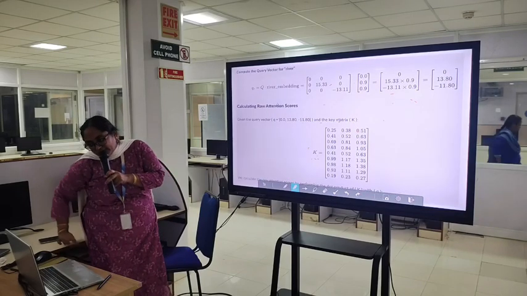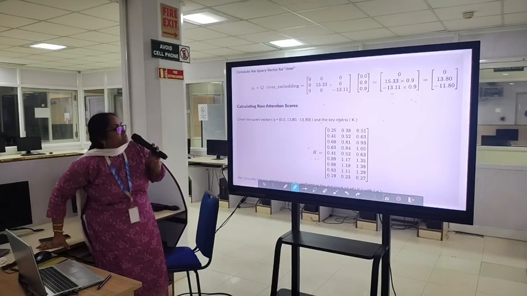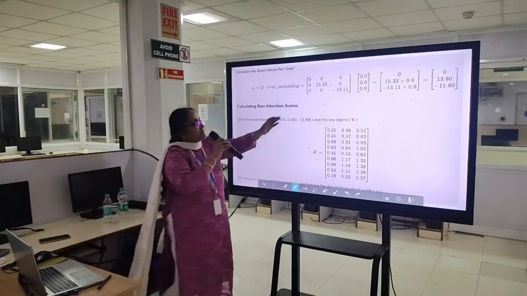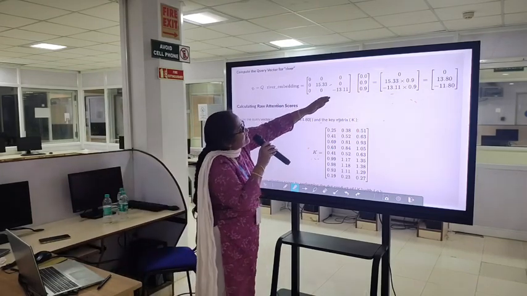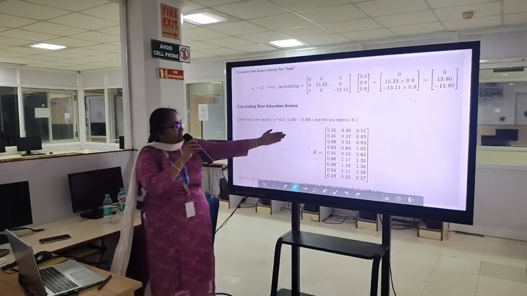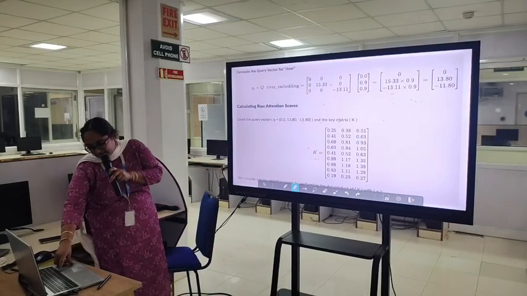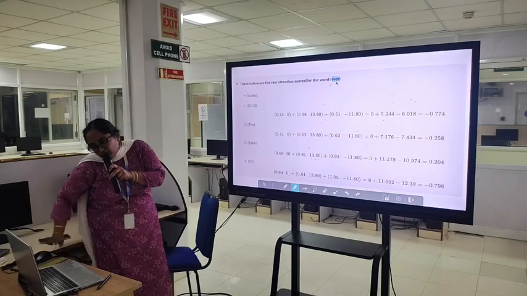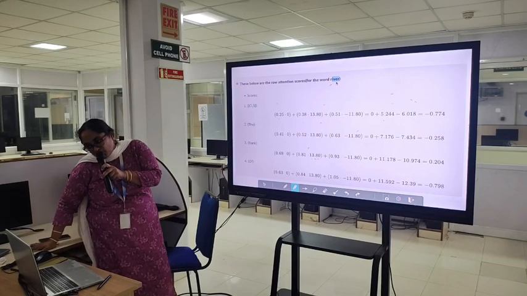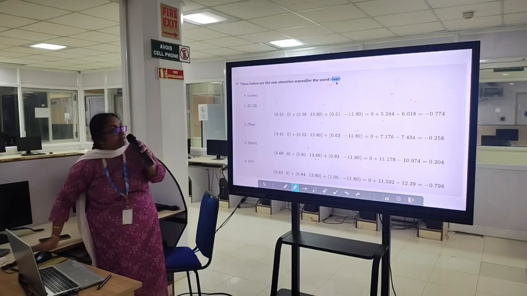Okay, so compute the query vector for the river. Like I told you, it's always a dot matrix multiplication between the embedding and that particular thing, so you are getting the key matrix here. Why I am showing you this, I will tell you at the end. The below is the raw attention scores for the word river.